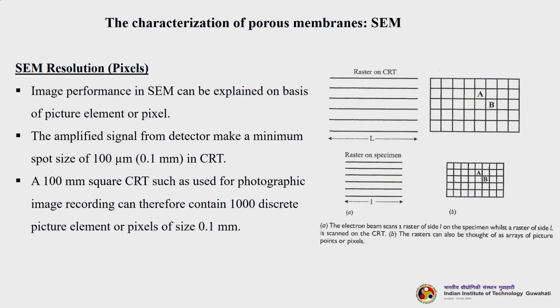The electron beam scans a raster of side L. This is the raster scanning of the specimen, and this is the scan that is getting reflected on the surface of the CRT. The rasters can also be thought of as arrays of picture points, or pixels. You can see that these are pixels.